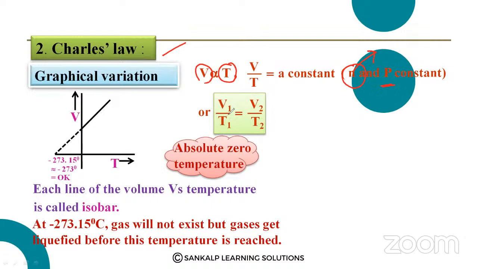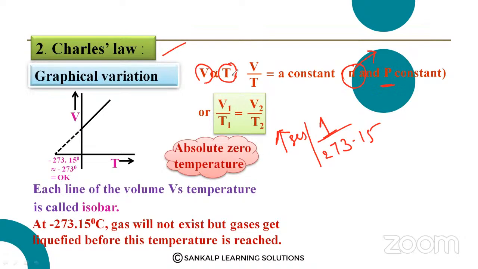He found that for each degree rise in temperature, the volume of gas increases by 1 by 273.15 of the original volume of gas.